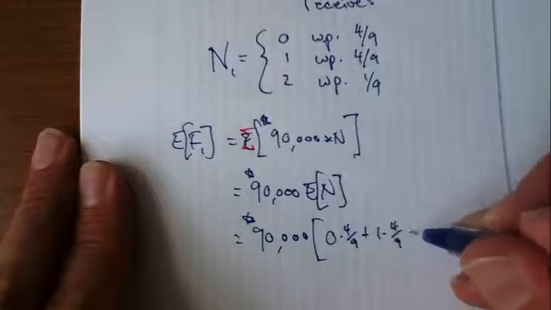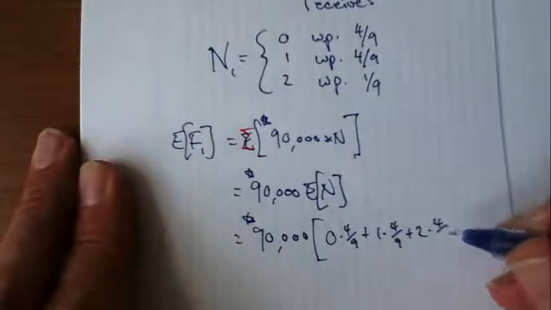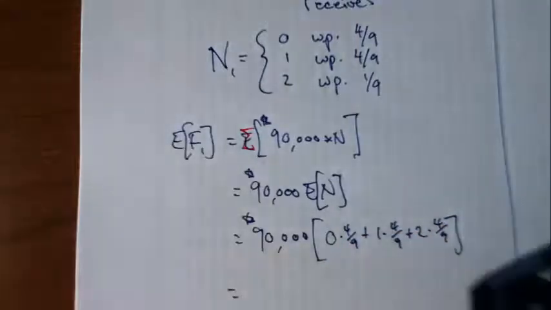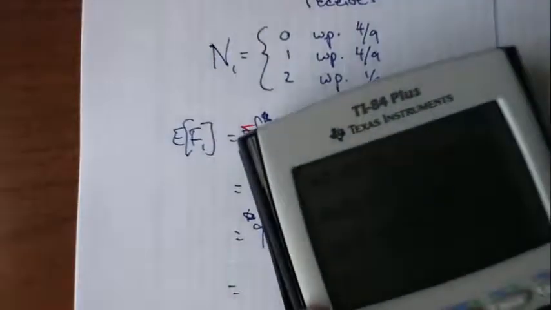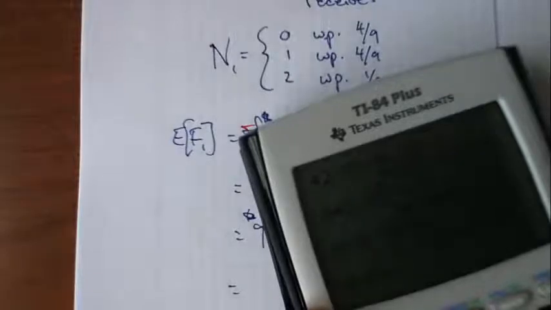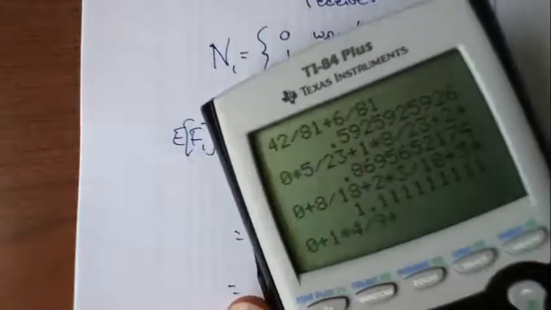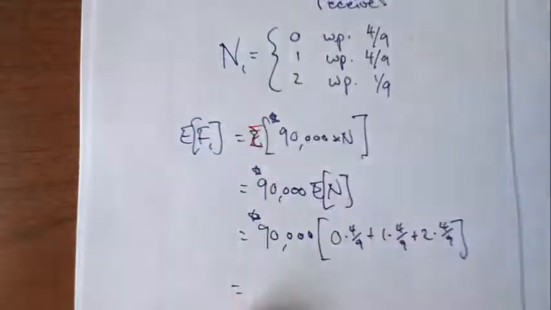Let me get my calculator. 0 times 4/9 plus 1 times 4/9 plus 2 times a ninth. Shoot, it's supposed to be a ninth, isn't it?